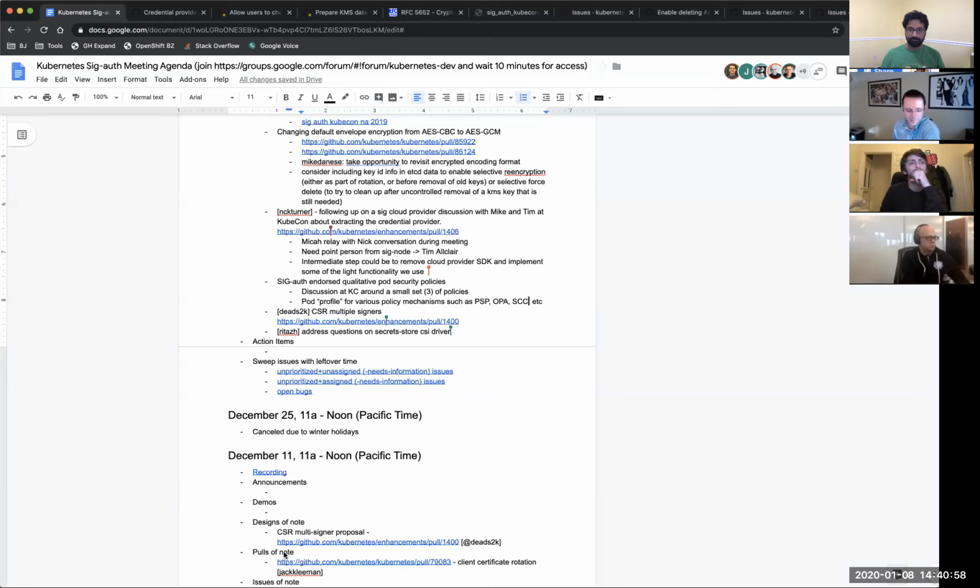I like it just from a best practices perspective. Even if it was just a document that says here are 3 levels. Privileged can do anything. Restricted can only do these things, and it maybe is really locked down, like don't run as root. And then some middle level, which is just the volume plugins that make sense, but maybe relaxes the root mechanism.